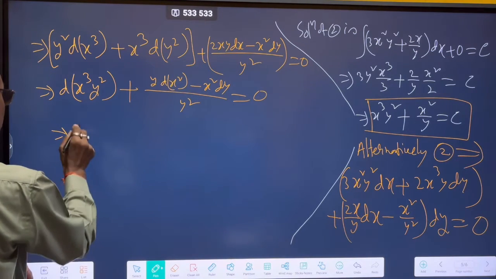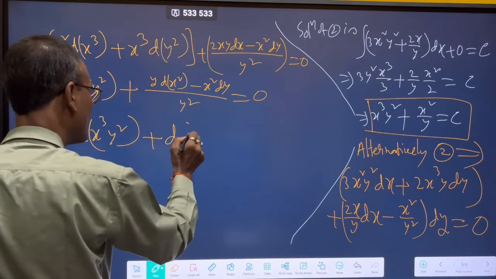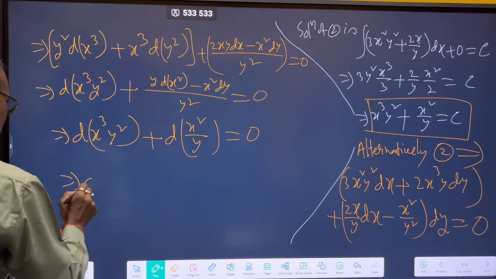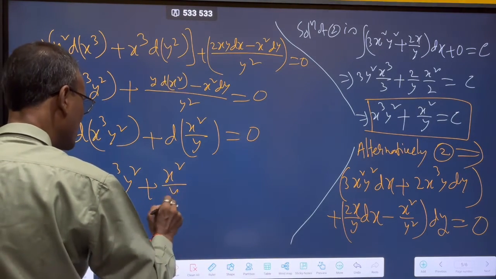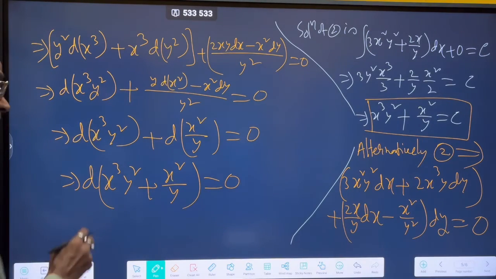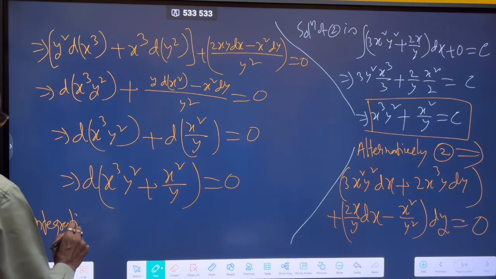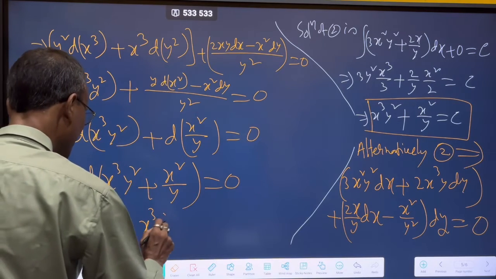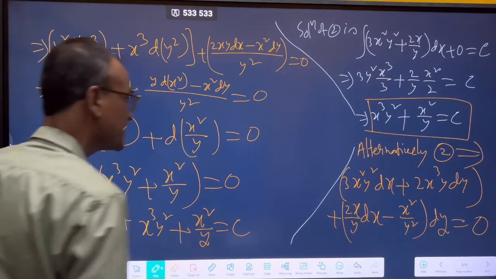This means d of x cube y square plus d of x square by y equal to 0, or d of (x cube y square plus x square by y) equal to 0. Integrating we get x cube y square plus x square by y equal to constant.